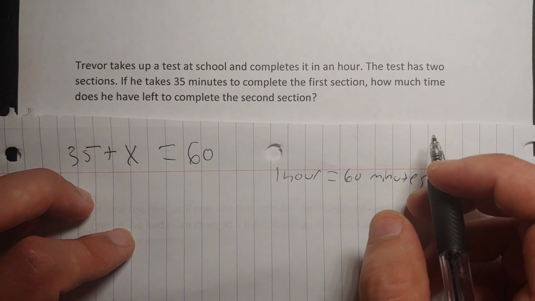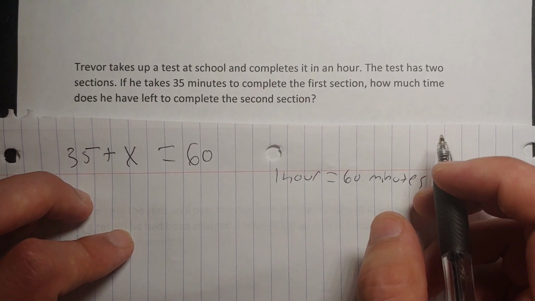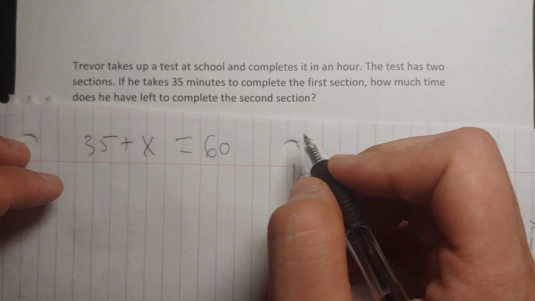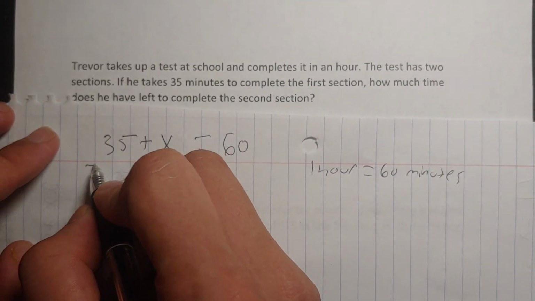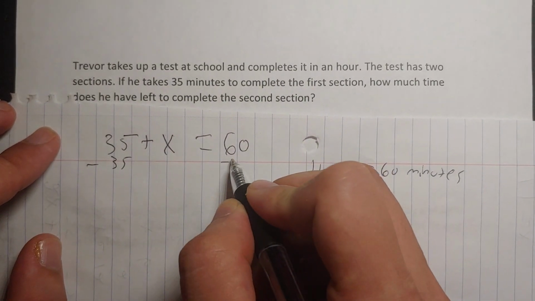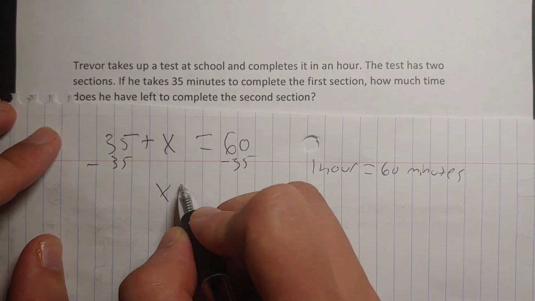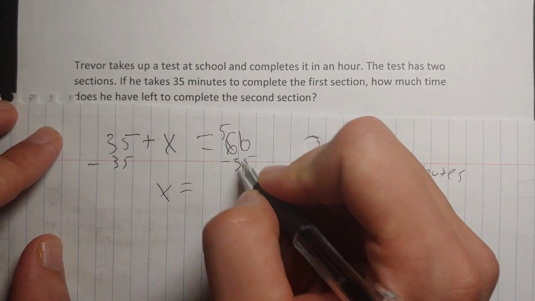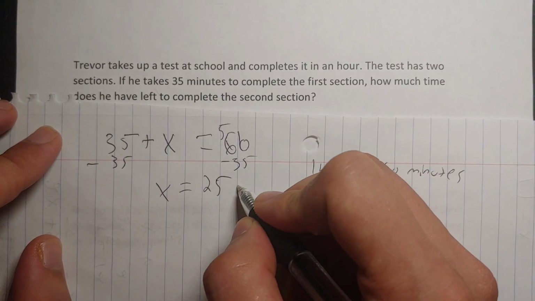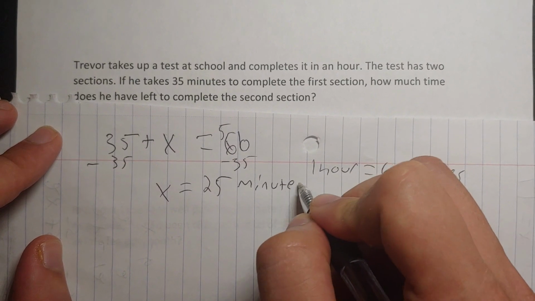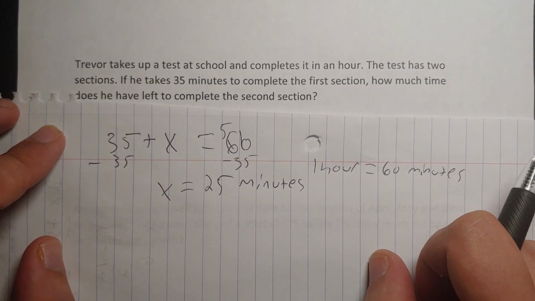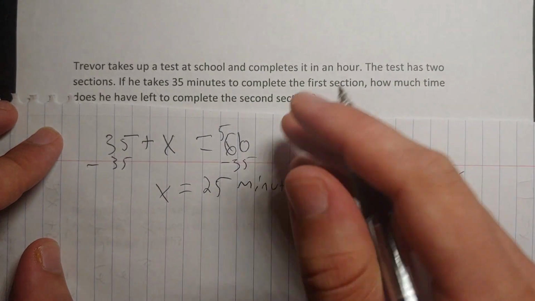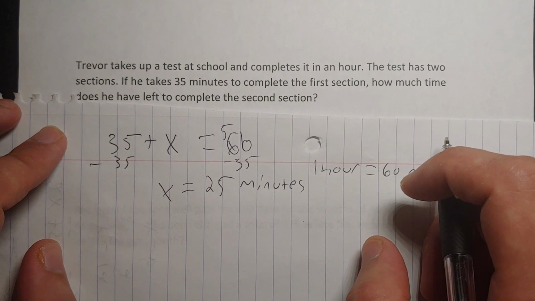And here we have 35 plus x equals 60, which is the same exact thing as x plus 35 equals 60. They just switched around. That's perfectly fine. So we're going to minus 35 from both sides. And we'll get x equals, whoop, got to borrow here, 25 minutes. Okay, so you could have said x plus 35 equals 60. That's fine as well.